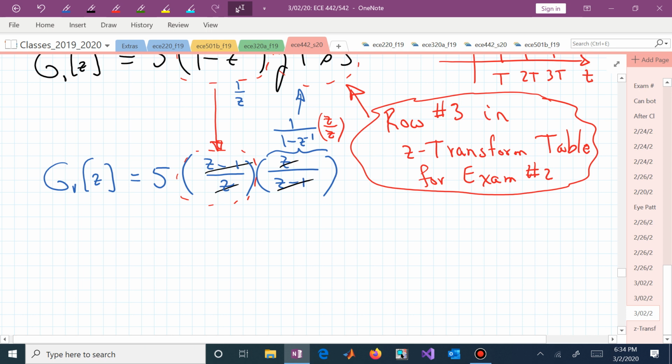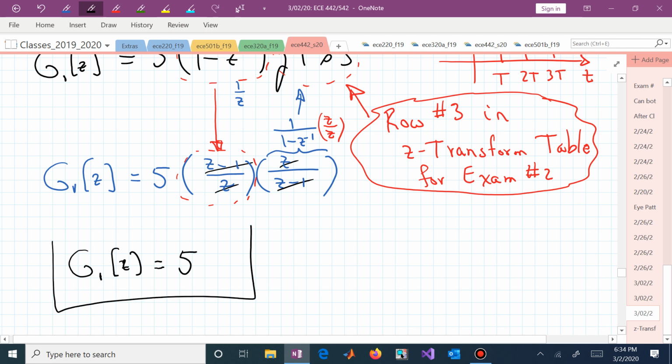And what happens to our zero order hold equivalent of a constant? We get that constant. And that kind of makes sense. We have a constant. That's our dynamic. It really has no dynamics.